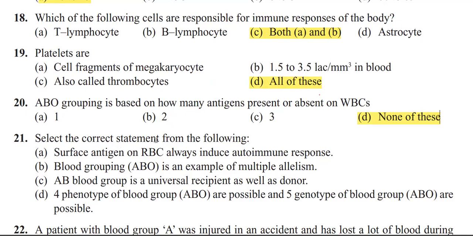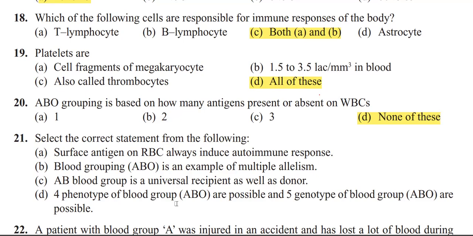Select the correct statement from the following. Surface antigen on RBC always induce autoimmune response. Blood grouping ABO is an example of multiple allelism. AB blood grouping is universal recipient as well as donor.